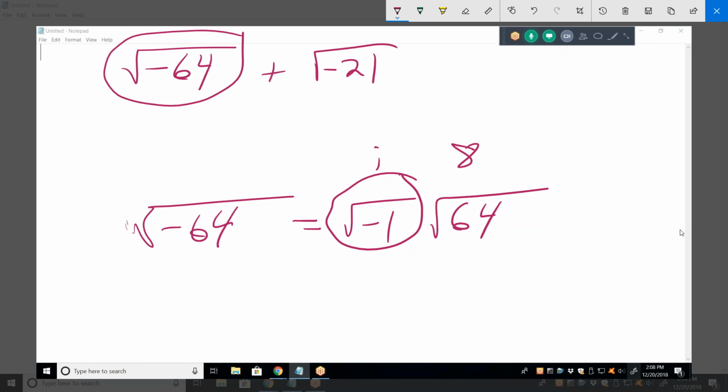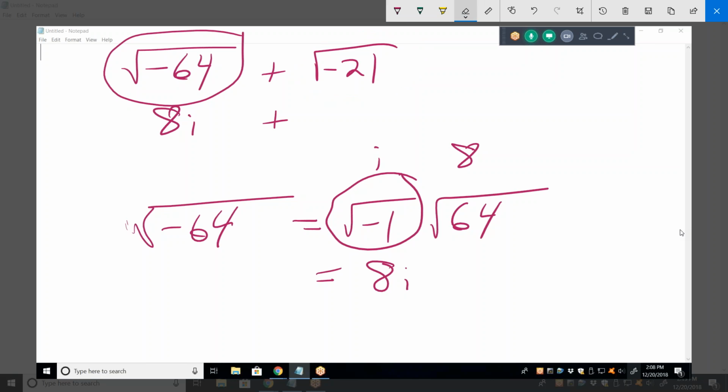And we always write it with the i last. In other words, that becomes 8i. So that's 8i right there. Now, this is also going to be an imaginary number. Every time you take the square root of a negative number, you're going to get an i. Okay? But it's not condensed.